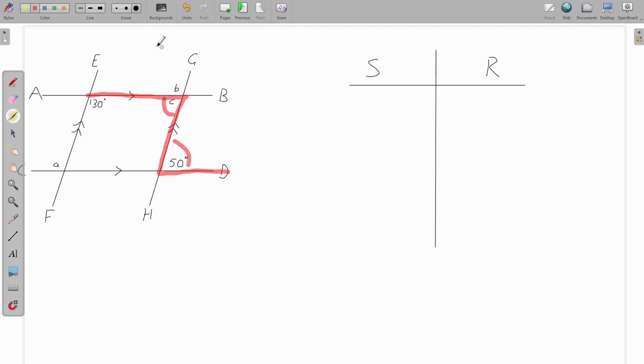So, C and 50 would be alternate angles if the arms of the Z are parallel. Well, we've got parallel lines on the arms of the Z, perfect. Which means that C and 50 are alternate angles. So my statement would be C is equal to 50 degrees. And my reason for that, alternate angles. Now, which parallel lines did I use?